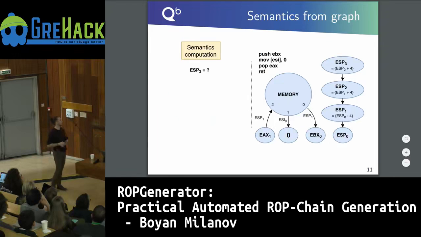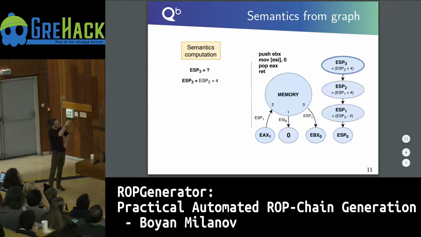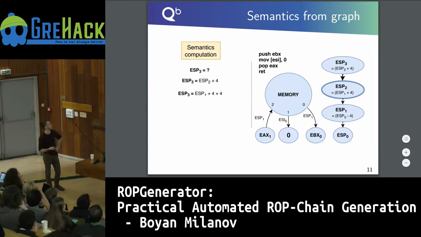So how do you compute gadget semantics? In other terms, how do you express how registers have evolved after execution of the gadget? We're going to take ESP as an example. You take the last value of ESP, ESP3, and you can see in the graph that it's equal to ESP2 plus 4. Then you just follow the dependency arcs in the graph, and you replace ESP2 by its dependency, which is ESP1 plus 4.